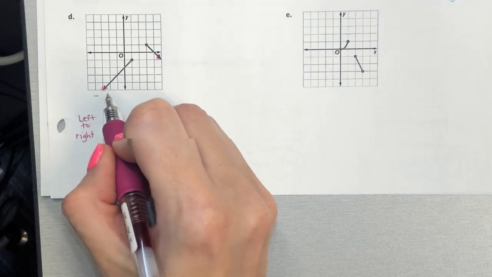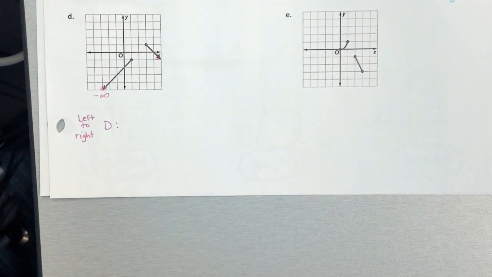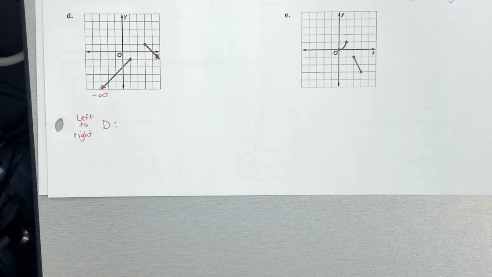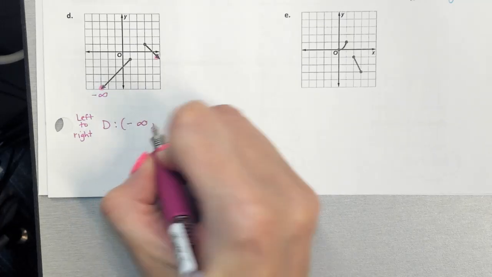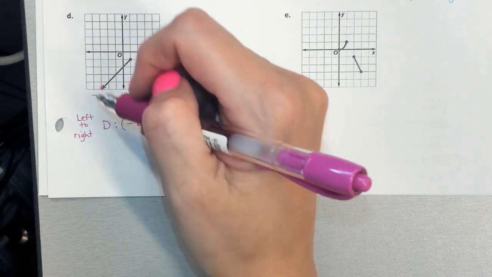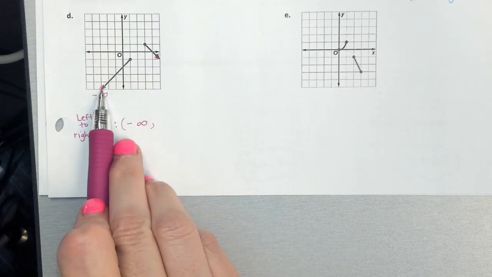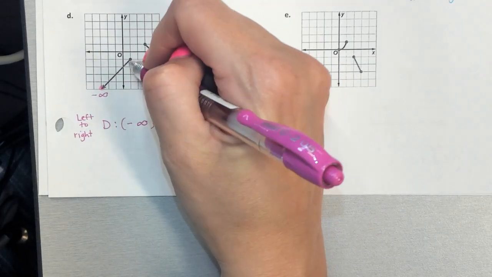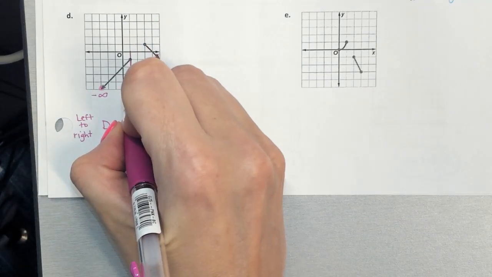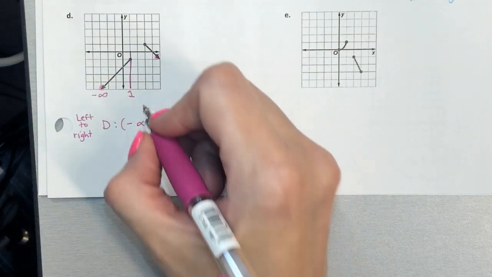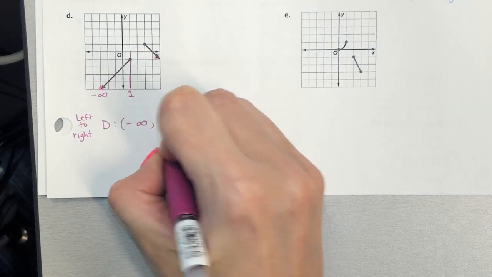So this arrow here is a -infinity. And I'm going to do the interval first because I just think it's easier. Okay, so if I'm looking at my x values, the arrow says -infinity, and then that's going to keep going until I reach the value of 1. So that is my first interval, -infinity to 1.